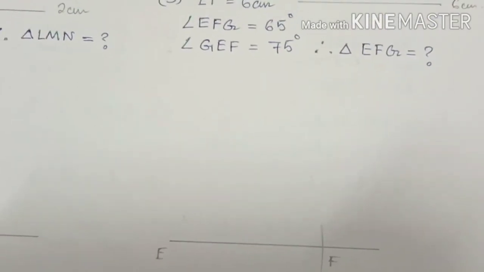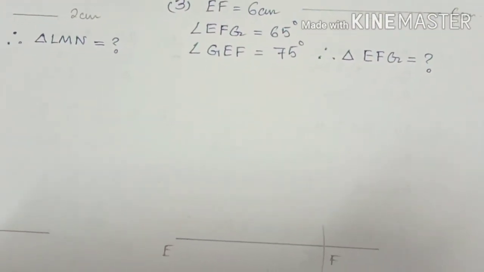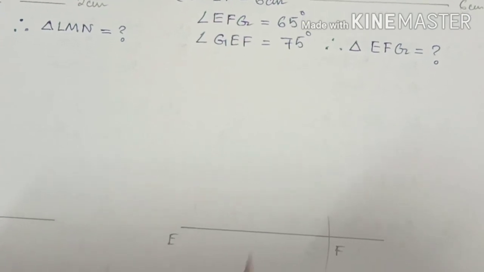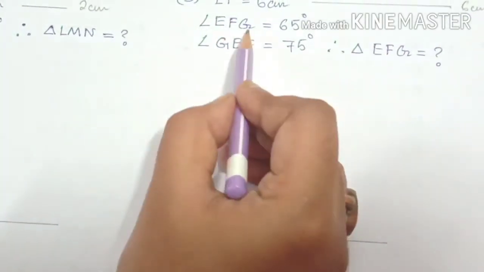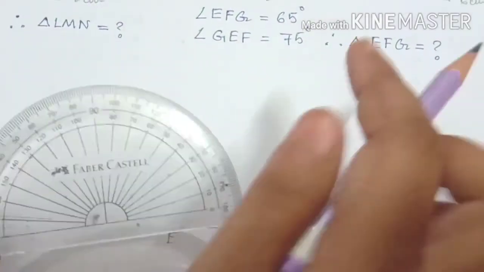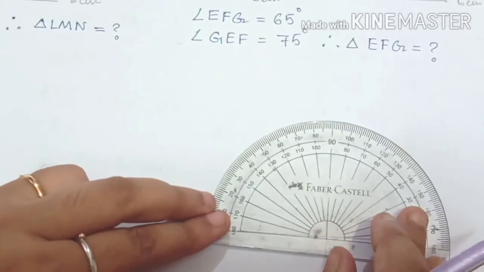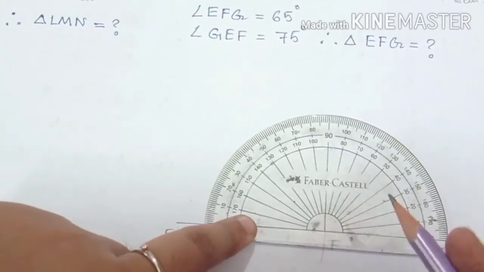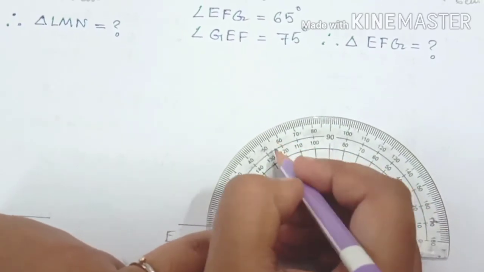Now we are going to take the help of our protractor to mark the 65 degree and 75 degree. Now we know what the angle EFG is, right? EFG should be here. So EFG should be 65 degree. So I am putting the protractor out here, and let's see where the 65 degree lies.